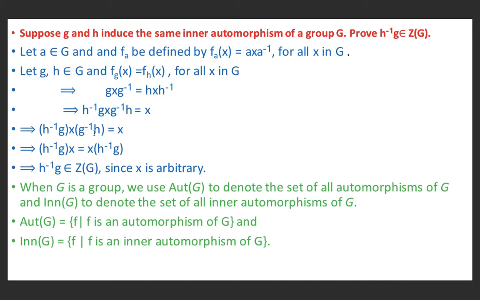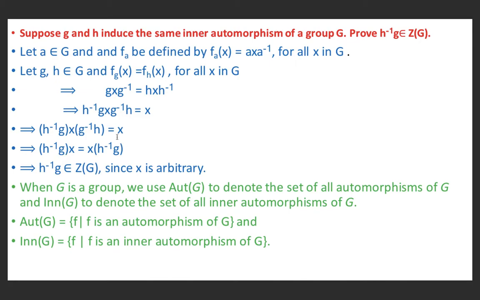Now we will post-multiply by the inverse of g inverse h. The inverse of g inverse h is nothing but h inverse g by the reversal law. So if we post-multiply by g inverse h inverse, then g inverse h into its inverse will be the identity element and x into e will be x. So on the left hand side we have h inverse g into x.